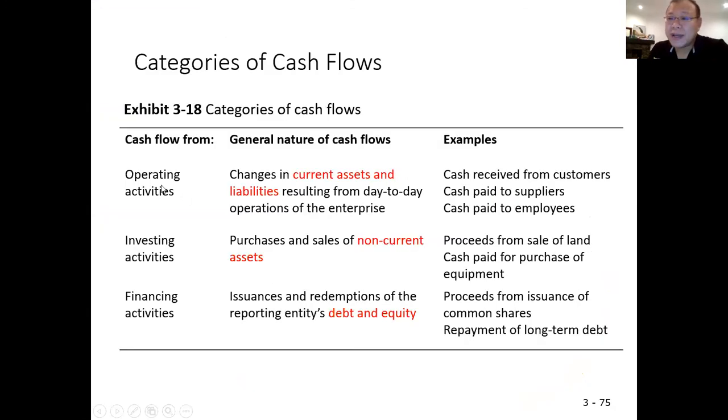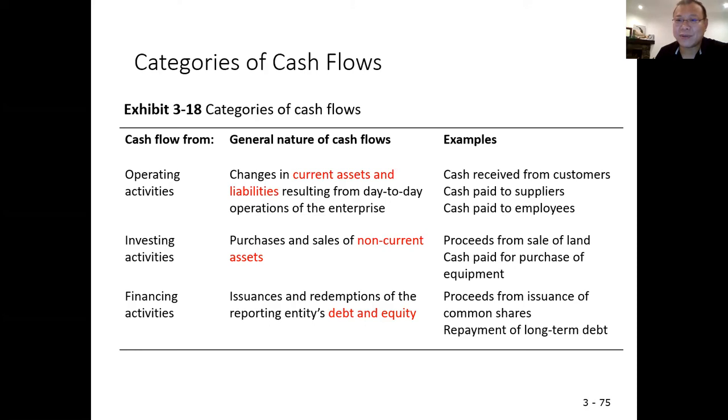Operating activities deal with current assets and current liabilities. Investing activities deal with long-term assets. Financing activities deal with long-term liabilities and equity. Keep that in mind when you think about one account.